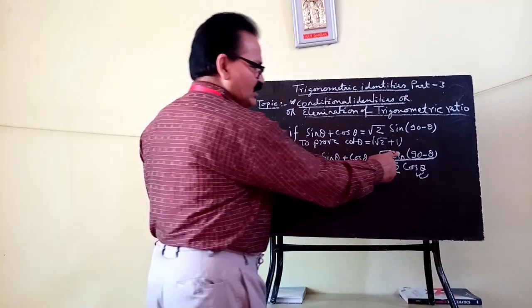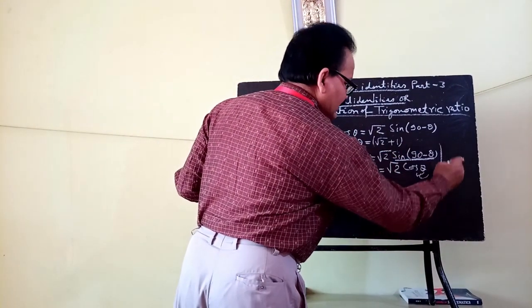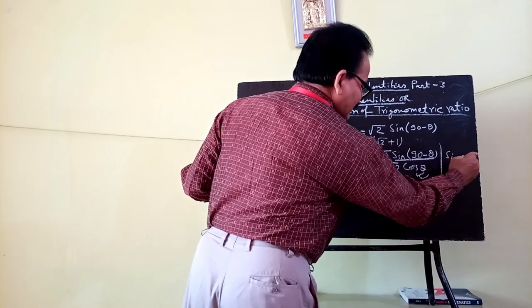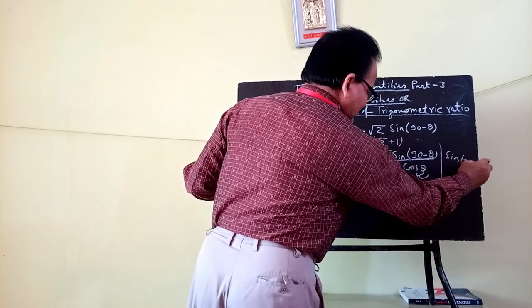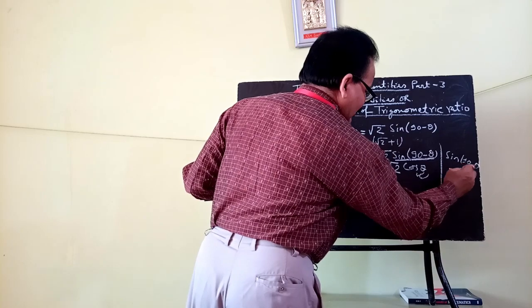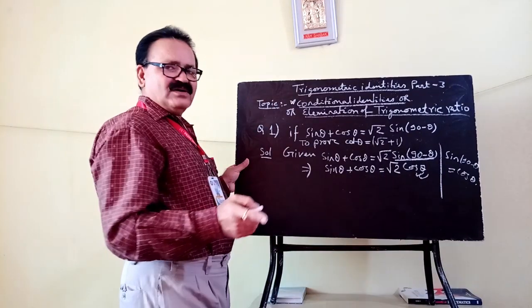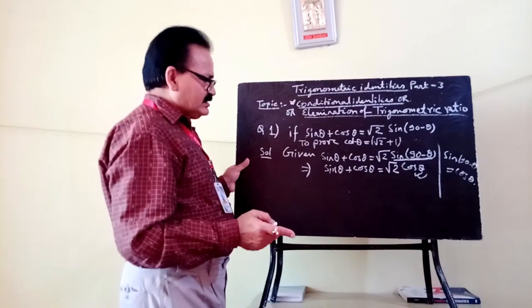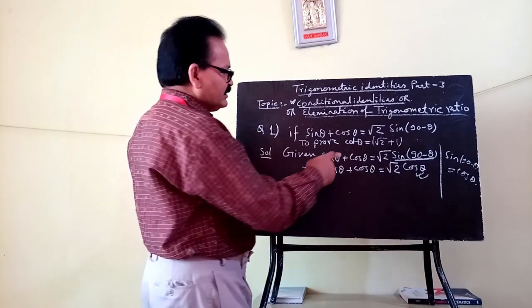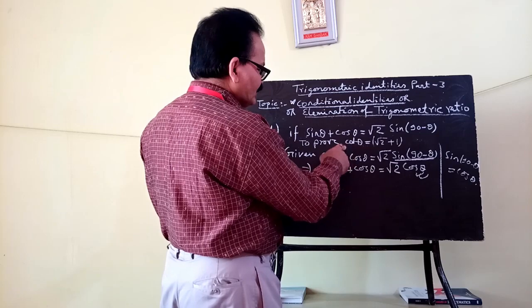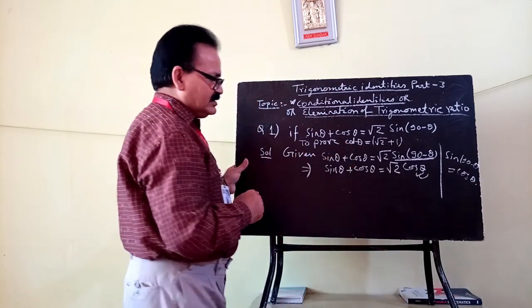So instead of sin (90 minus theta), you have written cos theta. Now, what should be your target? Your main target is to find cot theta.